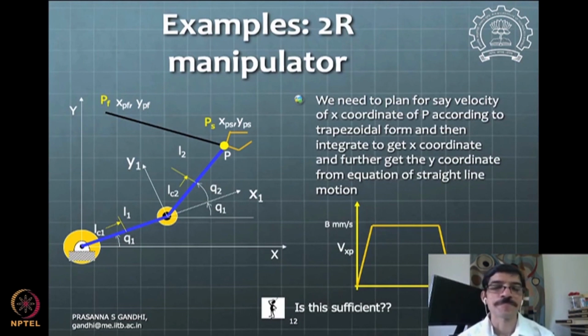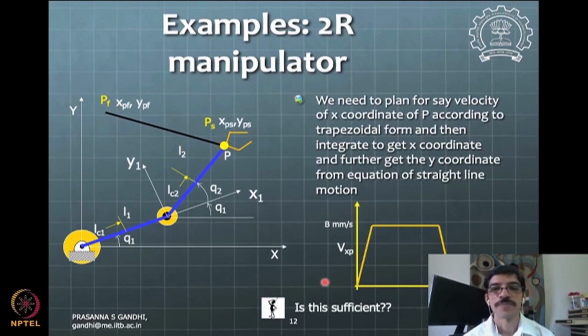With that I would estimate the displacement that would happen, and that displacement should match my x motion, which is xps minus xpf. That is the total x motion that should happen.